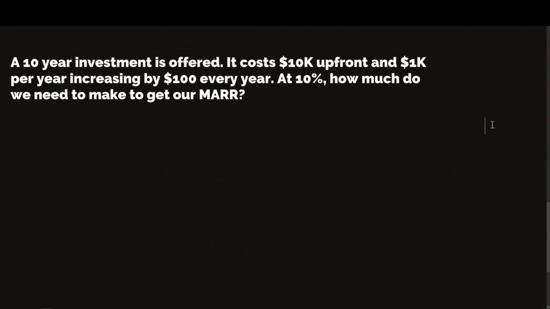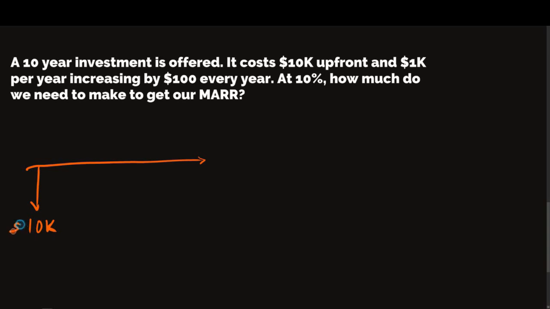Here's another example. Let's say we're looking at a 10-year investment, and this investment costs $10,000 to get into, so 10K now, and we have to pay a yearly fee of $1,000, but it increases every year.